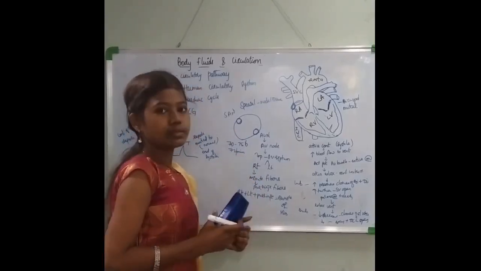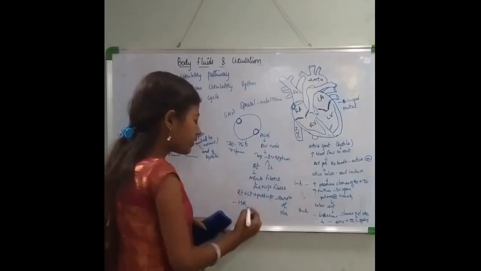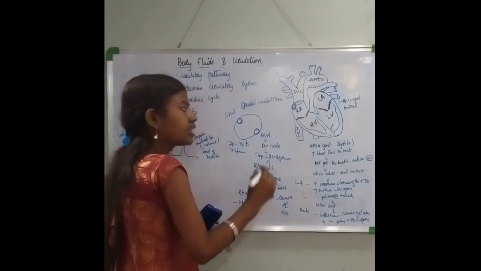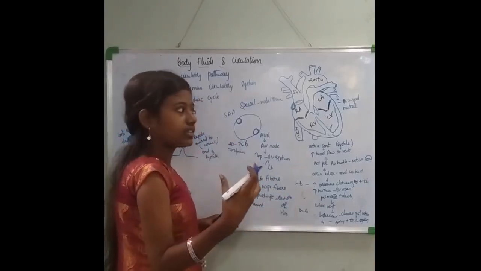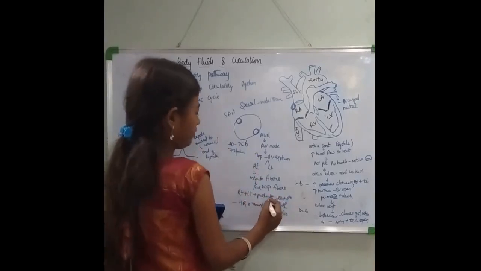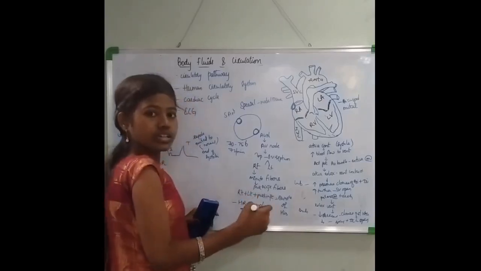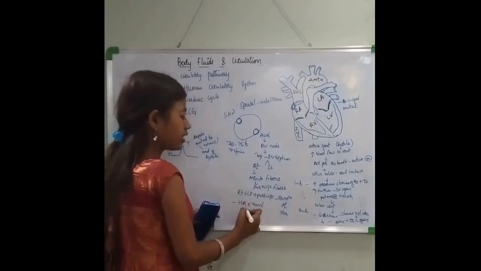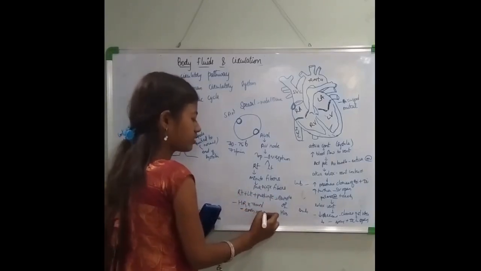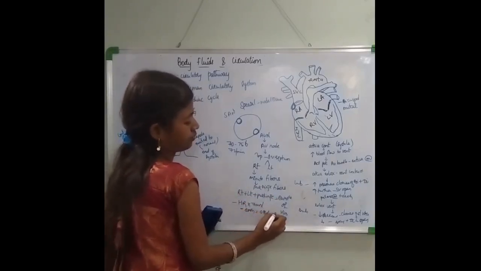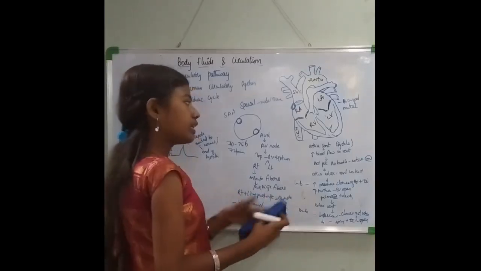Now with these 72 beats per minute and these 70 ml of blood during one cardiac cycle, it is the amount of blood which is released through the ventricles in 1 minute. So that will give you the stroke volume. This is again a different topic which we will deal with in the cardiac cycle in more detail.